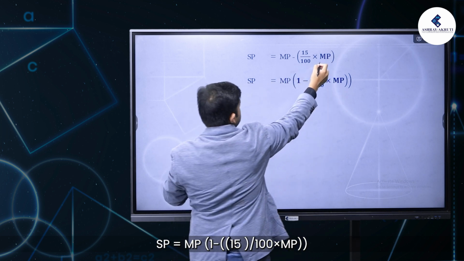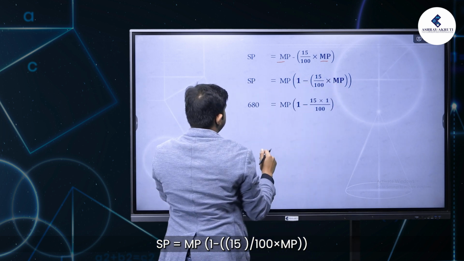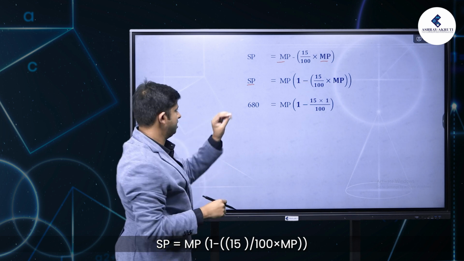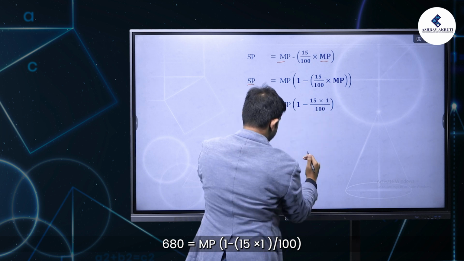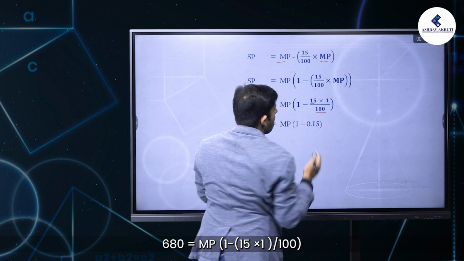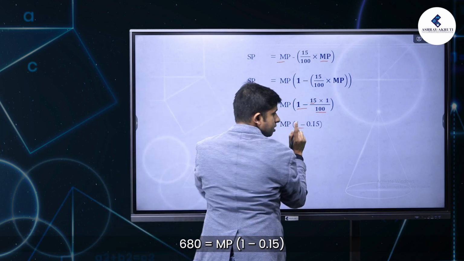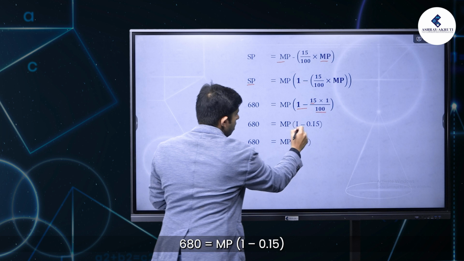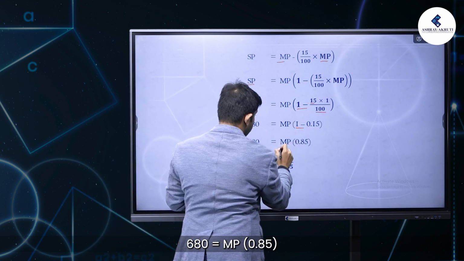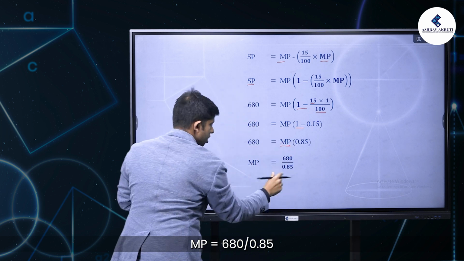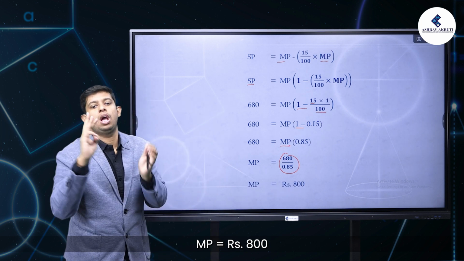SP equals MP of 1 minus 15 by 100. 680 equals marked price of 1 minus 0.15. 680 equals MP of 0.85. Marked price equals 680 by 0.85. Marked price equals rupees 800.